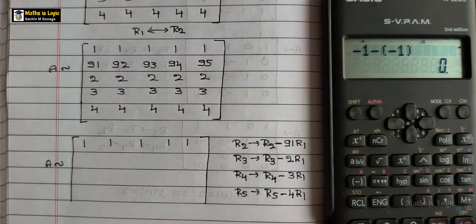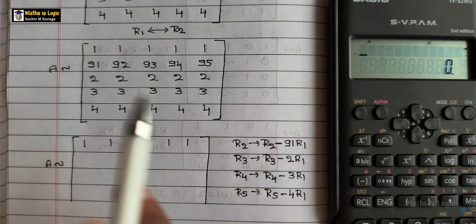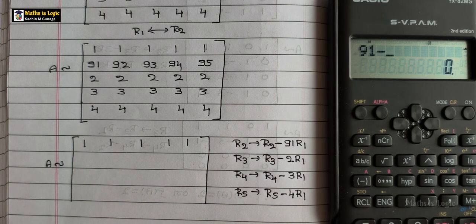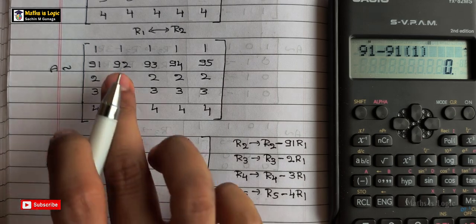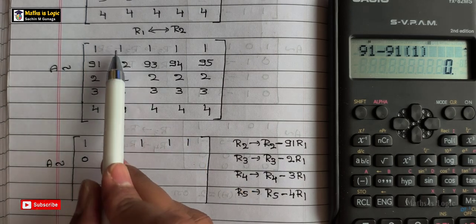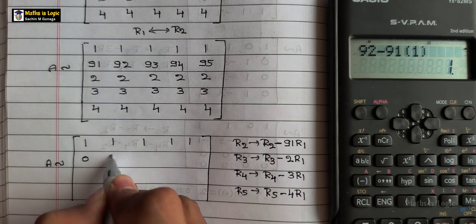So now apply. First R2, which is 91. 91 minus 91 times R1. R1 is 1. Therefore directly it is 0. Next 92 minus 91 times 1 is 1.